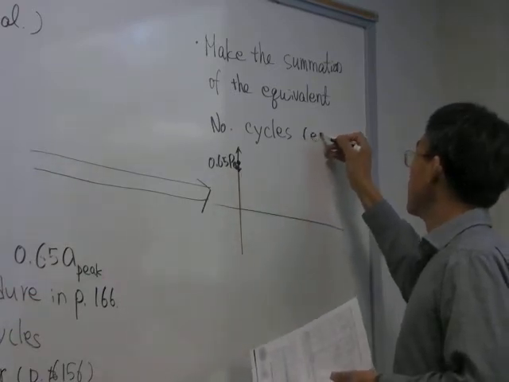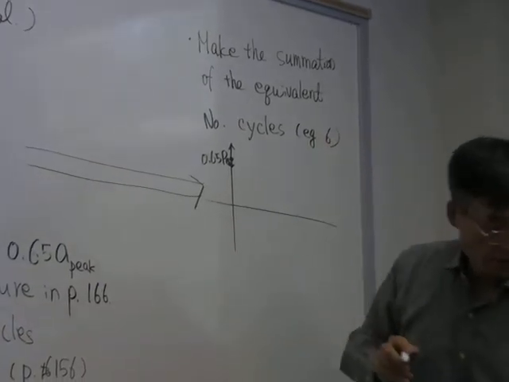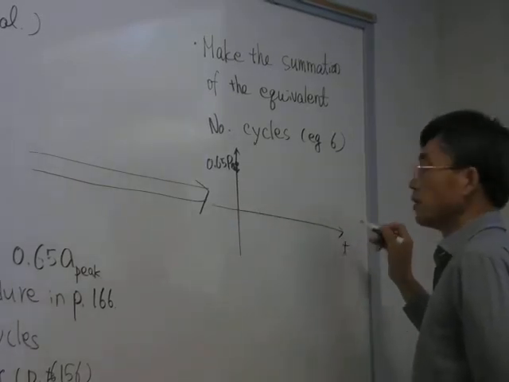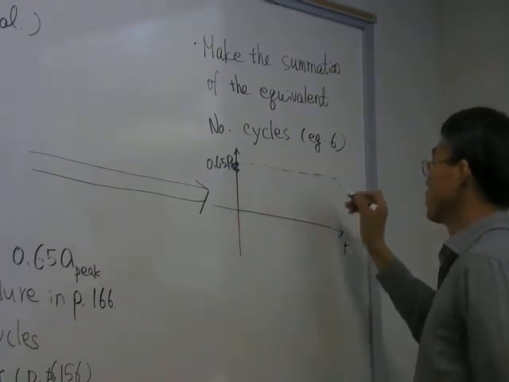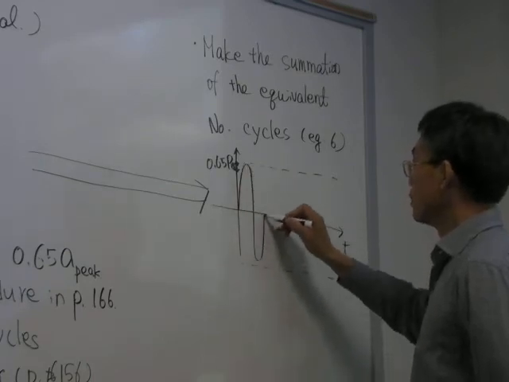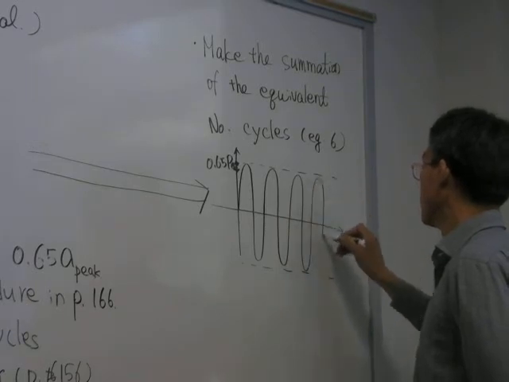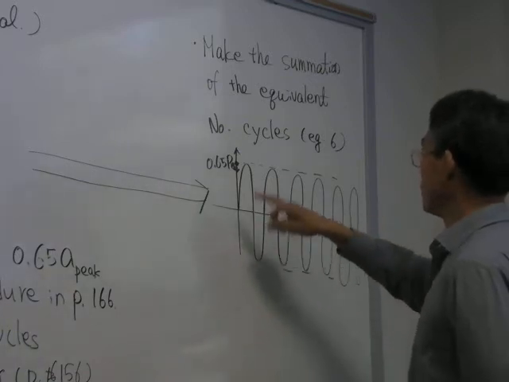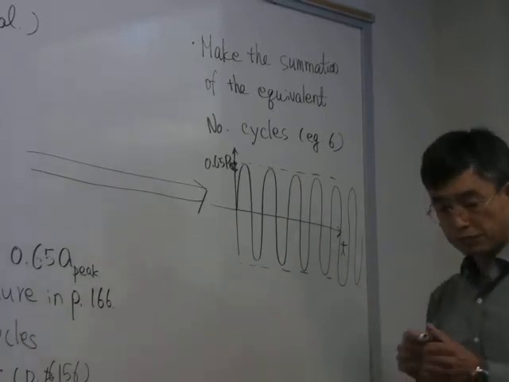Okay, let's say this number is 6. If the equivalent number of cycles is 6, that means we will convert the earth-peak record into this way. 1, 2, 3, 4, 5, 6. 1, 2, 3, 4, 5, 6. Yes.